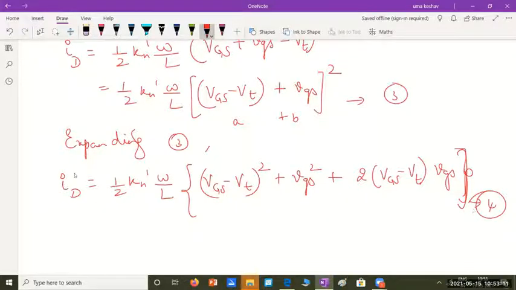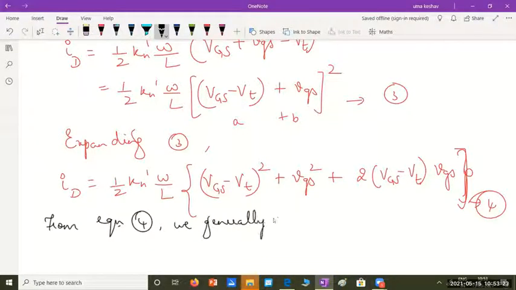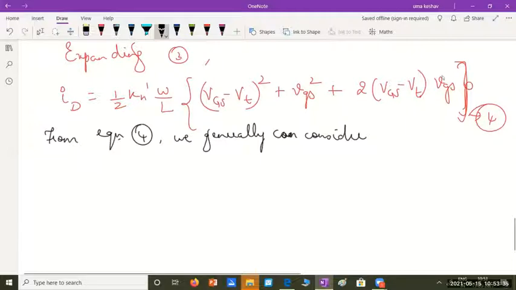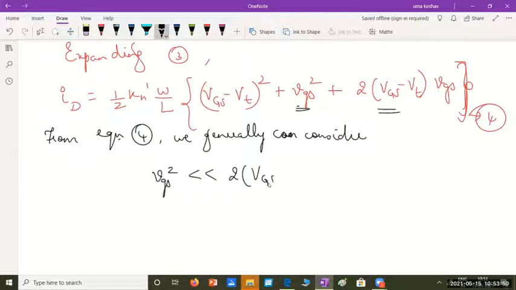Now from equation 4, we can generally consider what? I'll compare this term with this term, that is vgs square is much less when compared to twice VGS minus VT into vgs.